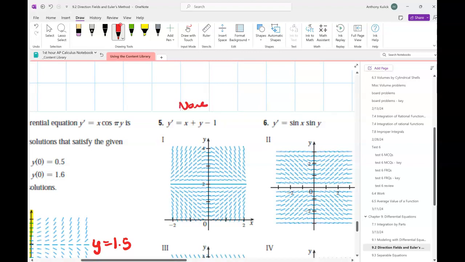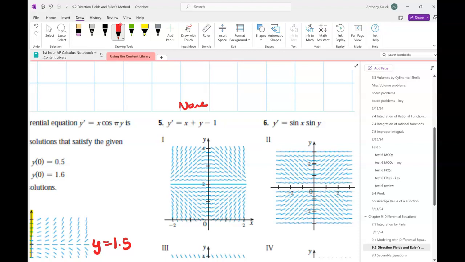None, right? There'll be places where you have 0 slopes, but it won't be strictly based on one variable, right? So like when x is 0 and y is 1, well, that would give you a 0 slope. But x is 1 and y is 0, that would give you 1.